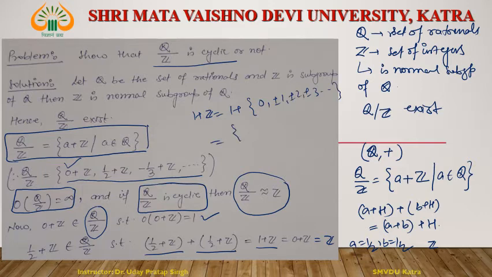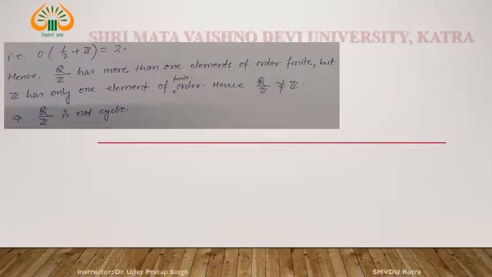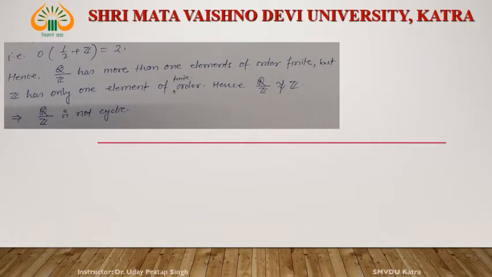Add 1 here: 1 plus 0 is 1, 1 plus 1 is 2, 1 plus minus 1 is 0, right? 1 plus 2 is 3, and so on. This set is nothing but Z. Therefore, the order of 1 by 2 plus Z is 2.